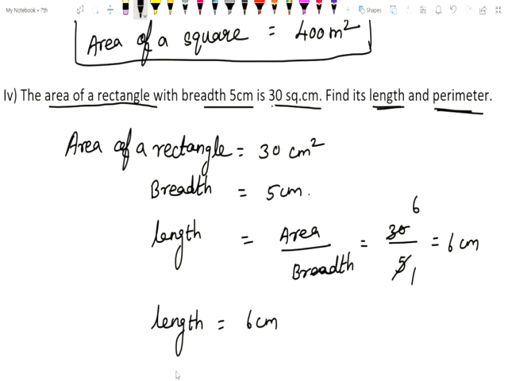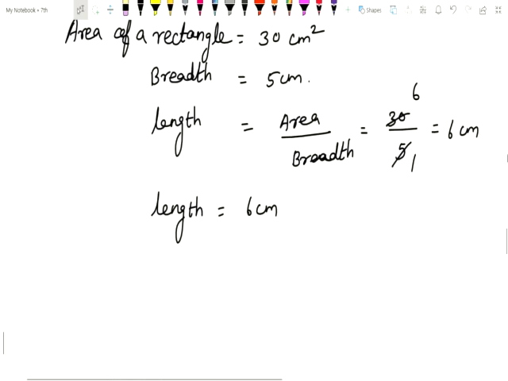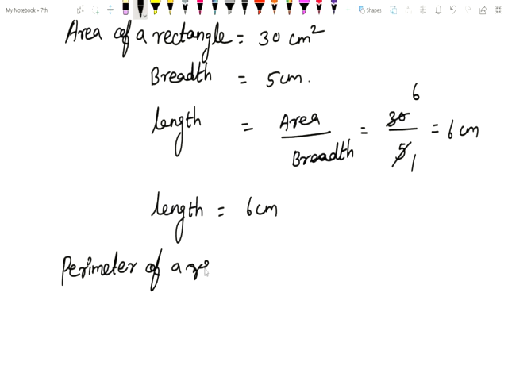Next we need to find out the perimeter. So perimeter of a rectangle equals, what is the formula, children? 2 into L plus B. So 2 into length is 6, breadth is 5 centimeter.